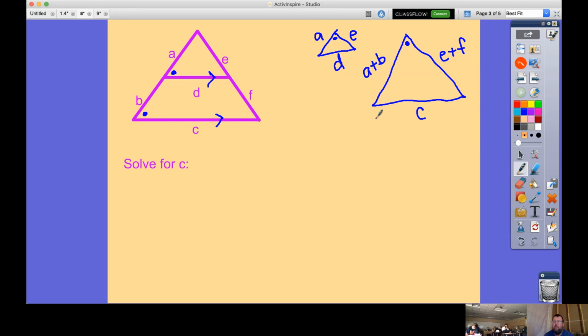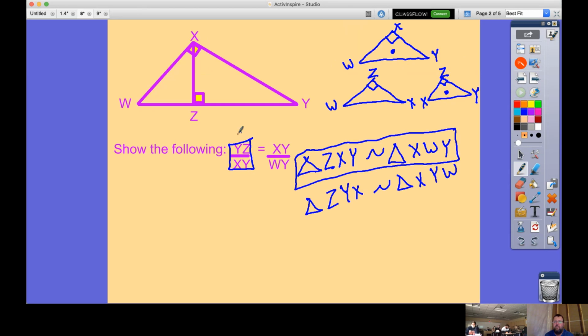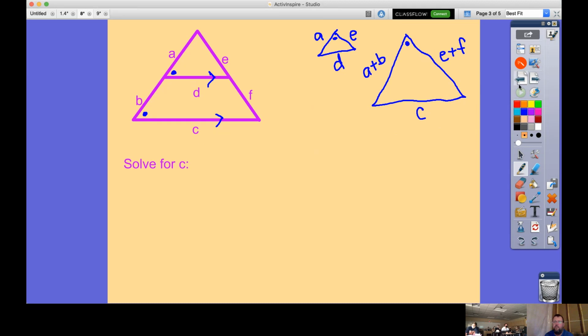Now, once we know that these are similar, we can kind of do the same thing as how we showed this back here. We can set up a proportion between two similar triangles. When we know they're similar, we're going to skip the similarity statement here, and we're just going to solve for C. So what we could do is set up A over A plus B equals D over C. Now, that's one way to do it.